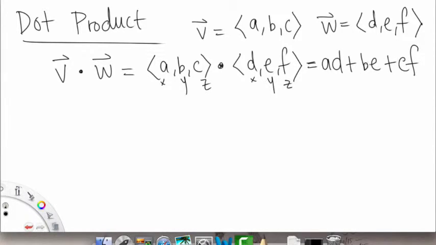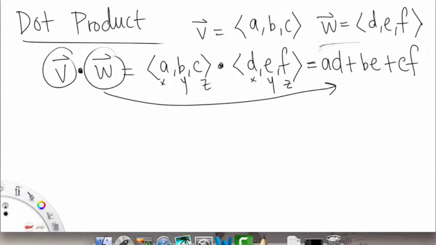So the dot product takes in two vectors, and what we get out is actually a scalar, some number as an answer.